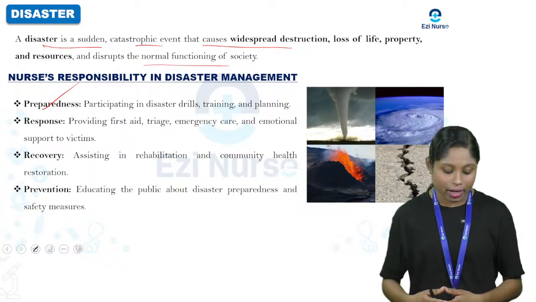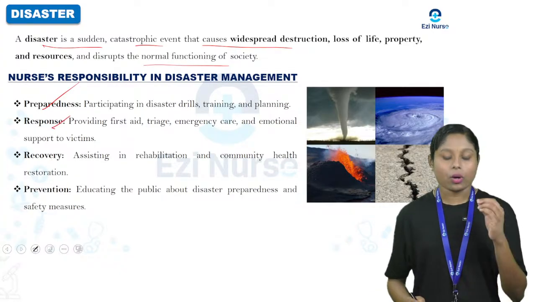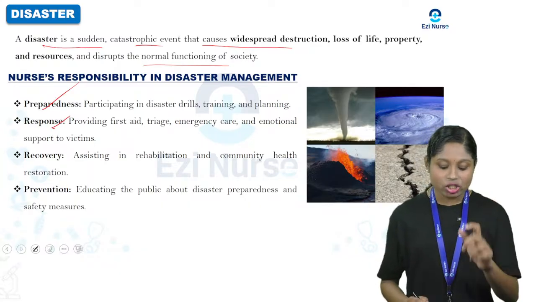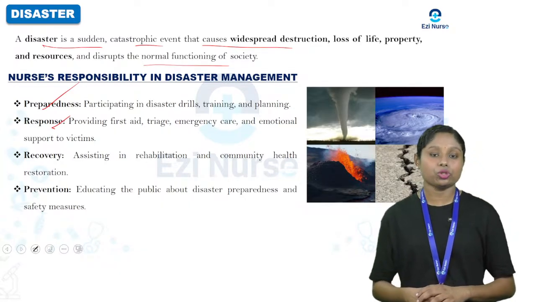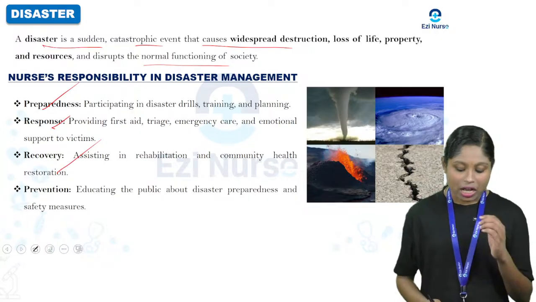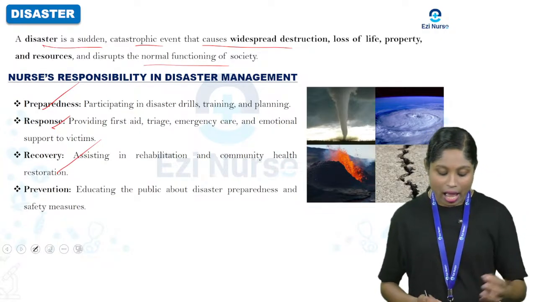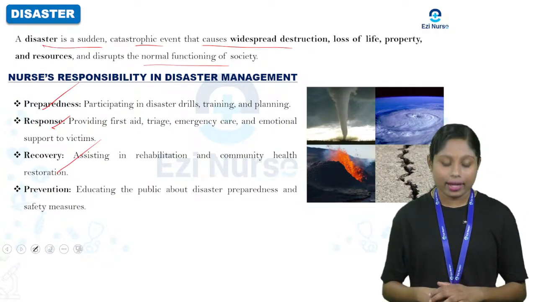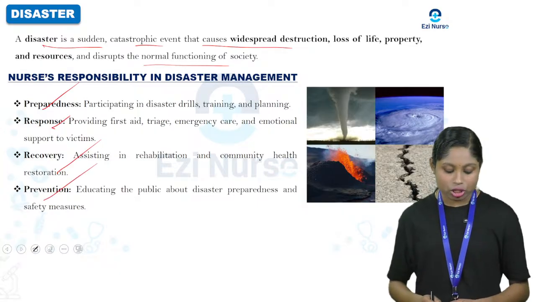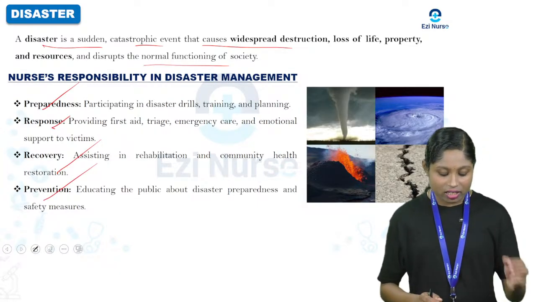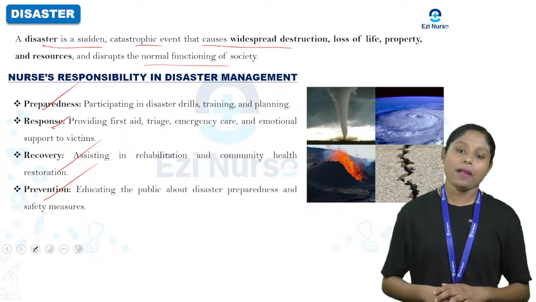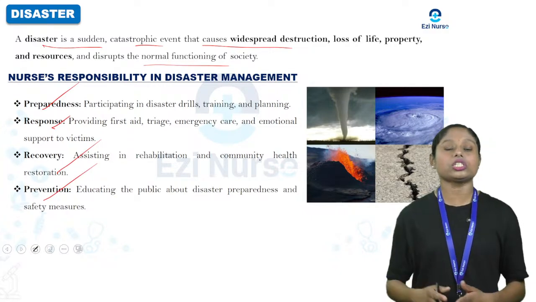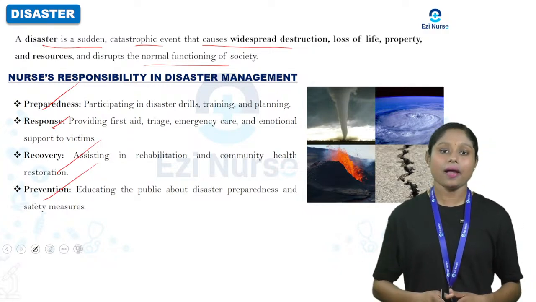Next is response: providing first aid, triage, emergency care and emotional support to the victims. Recovery: assisting in rehabilitation and community health restoration. Prevention: educating the public about disaster preparedness and safety measures. These are the nurse's responsibilities in disaster management.